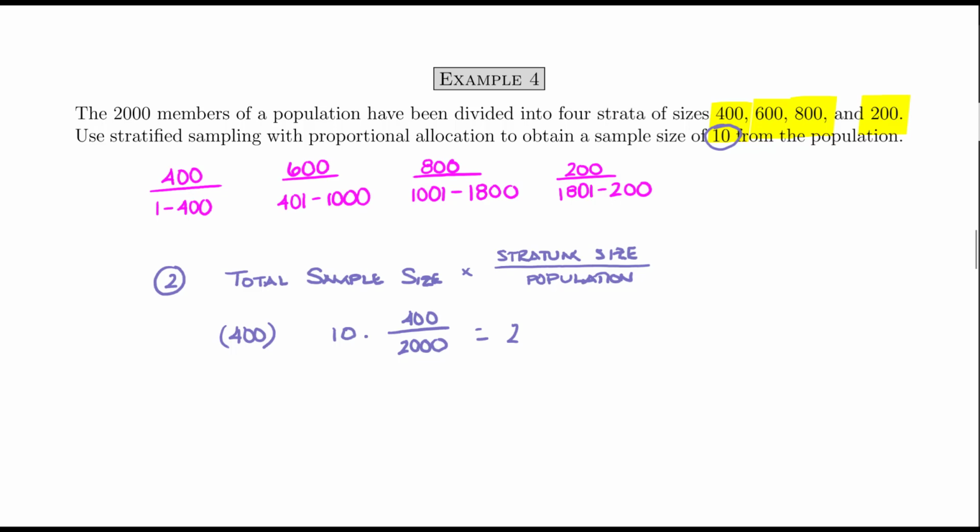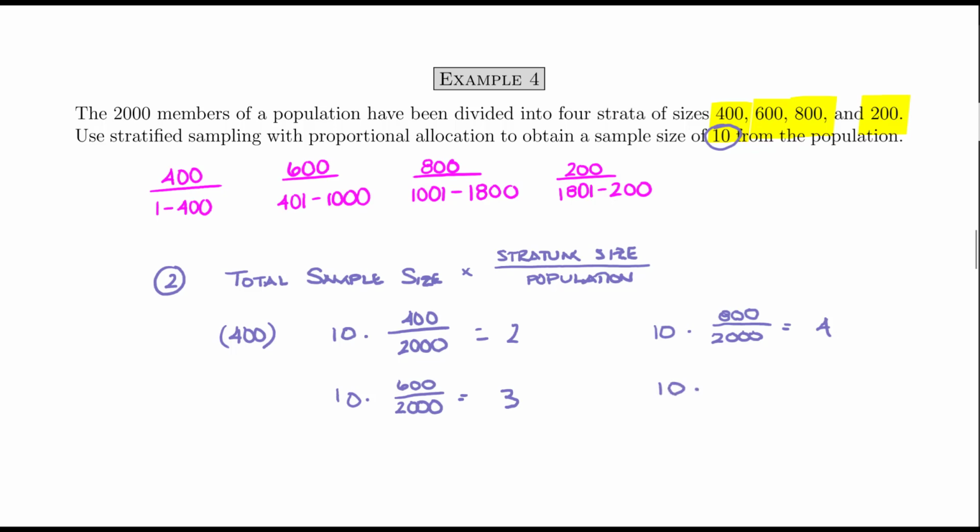That's from that group. And then we would do that for the group of 600. It'd be 10 times 600 over 2,000. And we would get 3. Then we would do the same thing for the group of 800. So it's 10 times 800 over 2,000. And we get 4.